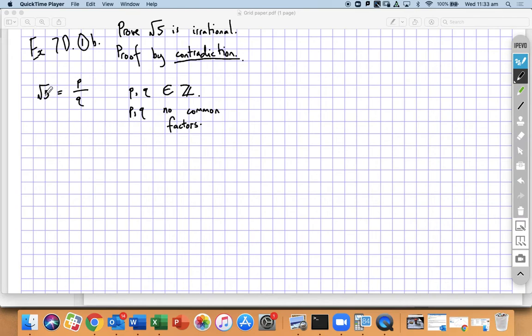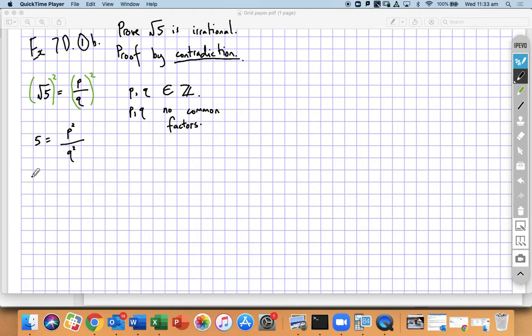Okay, so now we do some algebra here. How could we manipulate this? We could square both sides. So 5 equals this all squared. Maybe I'll write it up here. That all squared is the same as P squared divided by Q squared, right?